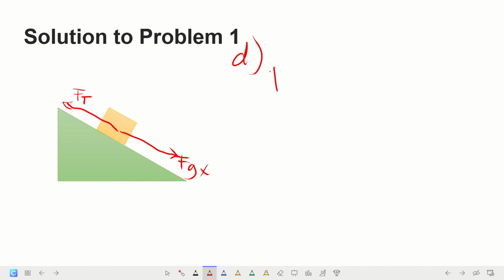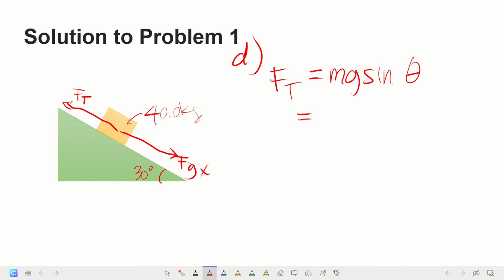From our derivation, tension force is equal to mg sine theta. The mass of this object, again, is 40 kilograms, and the given angle is 30 degrees.